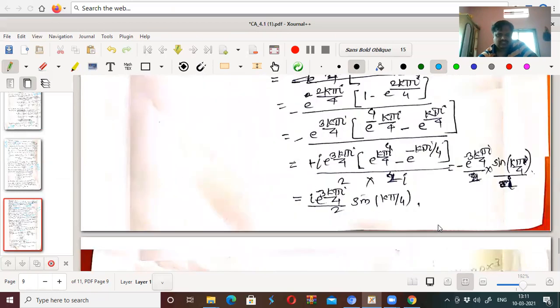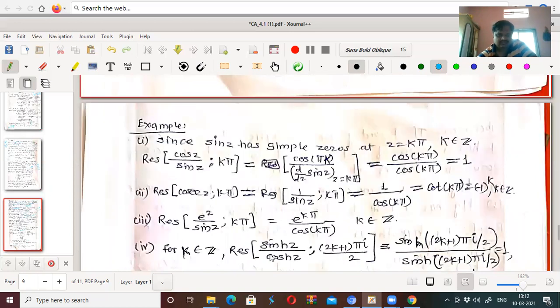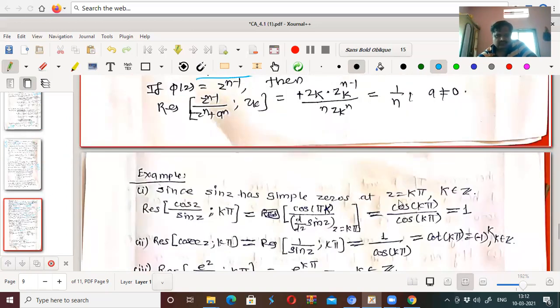Which are these? Since sin z has a simple 0 at z equal to k pi, 1 by sin z must have a singularity, that is a pole of order 1, a simple pole at z equal to k pi. So 1 by sin z into cos z. We know that cos z is analytic everywhere.